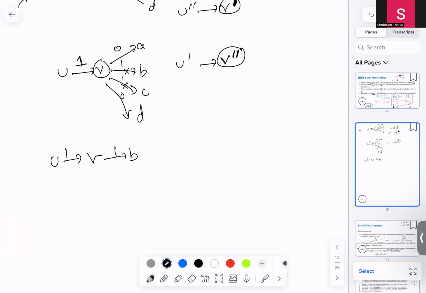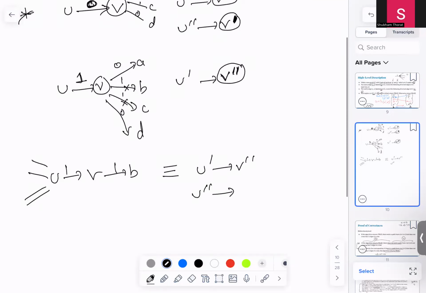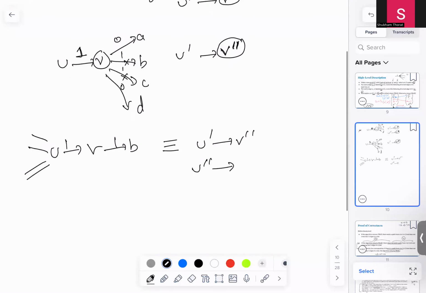If you convert this graph into your G prime, it will be equivalent to U prime going to V double prime, or it is possible that you could already be starting from U double prime. So in that case, what will you do? You will go to a V double prime in this case as well.